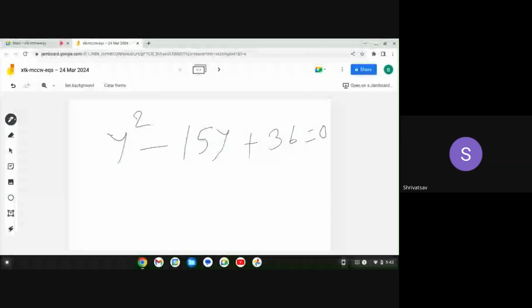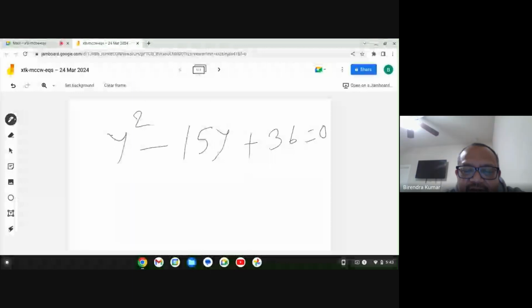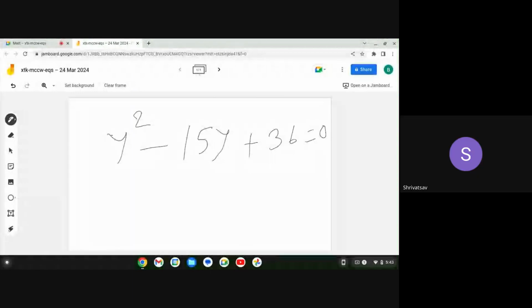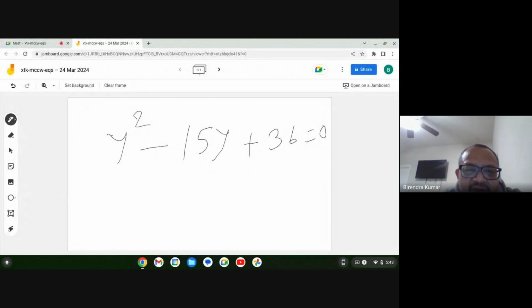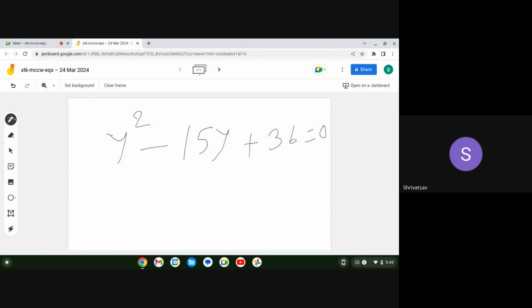I can try. Yep, go ahead, try. Can I use a long way to do it? I don't mind. Whichever way you can do, as long as you do it right, I'm fine. Okay, so basically we need to take the factors for 36 at first. We need to check which identity this equation belongs to.